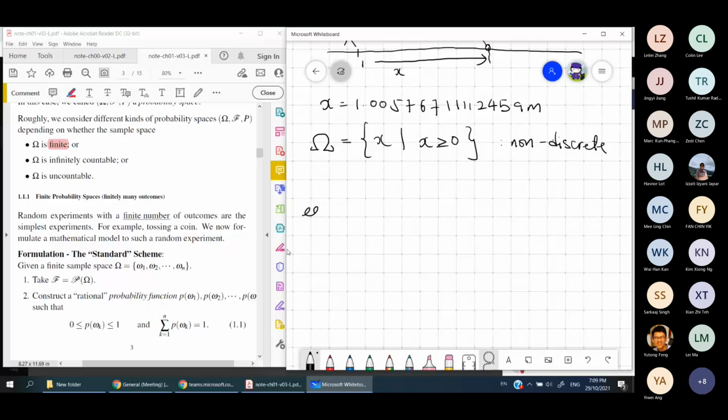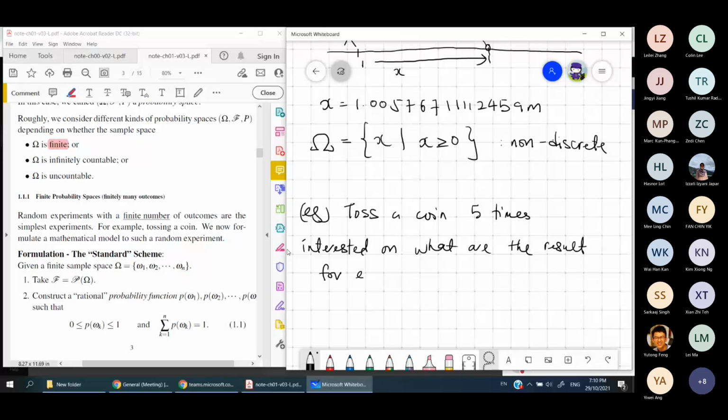Just an example, to make it easy, you toss a coin. You have to look at what are the possible outcomes that you're interested in. Toss a coin 5 times. You are interested in the result for each toss.